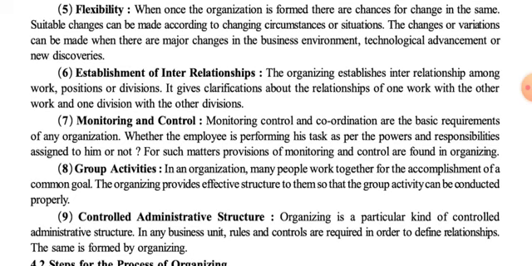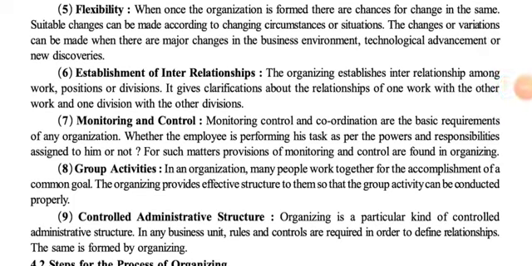Or new discoveries: whenever there is a new production technique or production process, or a new product is taking the place of the old product, then also it is necessary to make changes according to the circumstances in the organization structure.